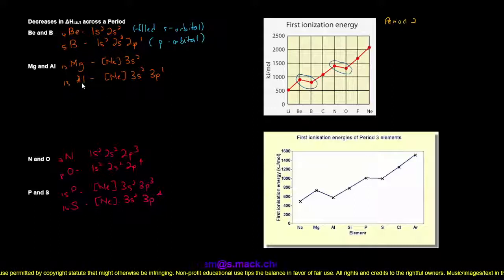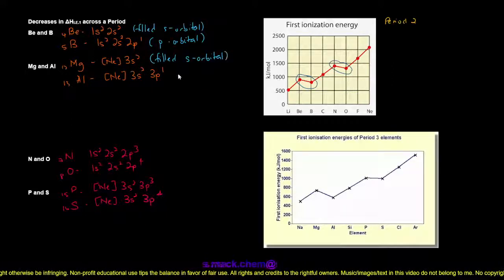If you look at magnesium and aluminum, it's the same, where in magnesium we would be removing an electron from a full s orbital versus removing an electron from a p orbital.